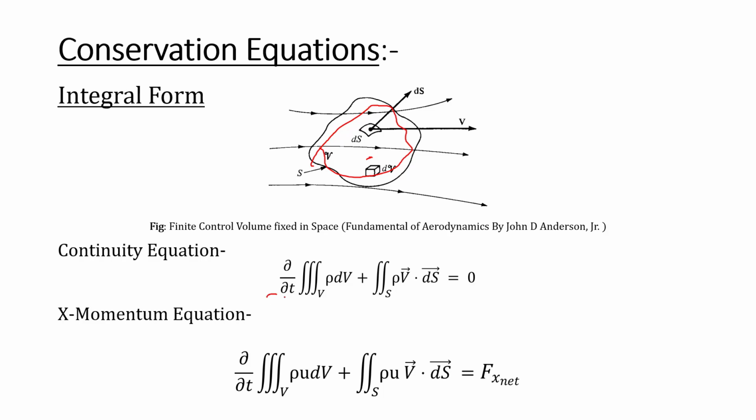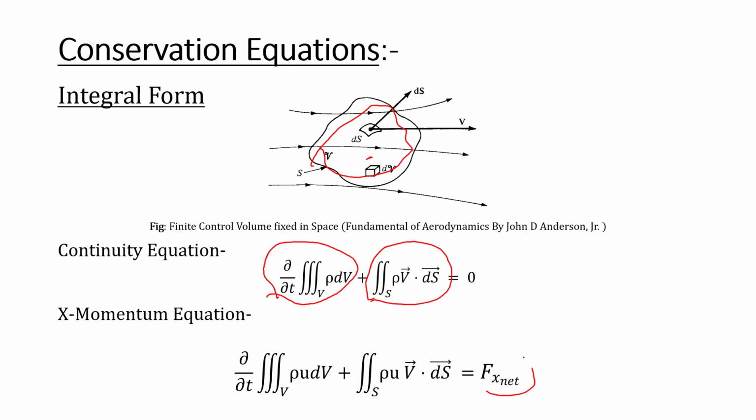In this equation, the first term represents the rate of increase of mass inside the control volume, and the second term represents the outflow of mass through the surface of the control volume. Similarly, we can write the x momentum equation as ∂/∂t triple integral rho u dV plus double integral rho u V dot dS equal to Fx net.